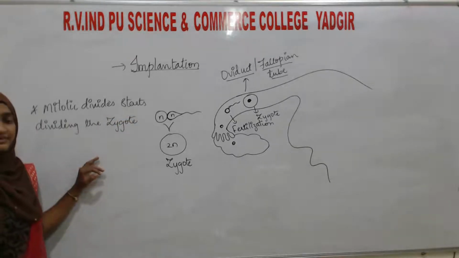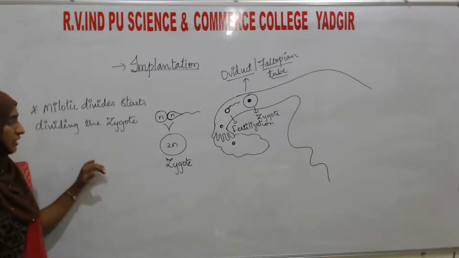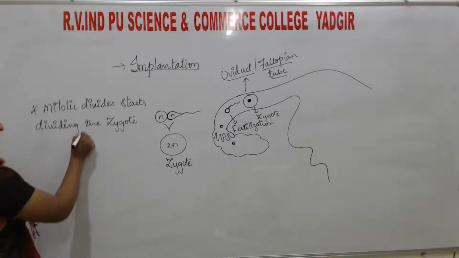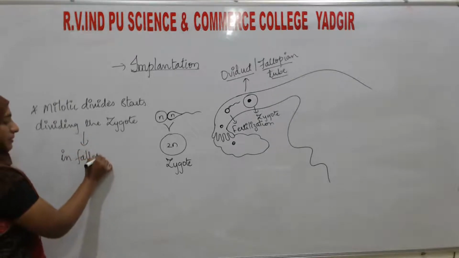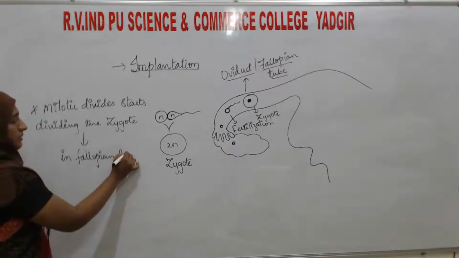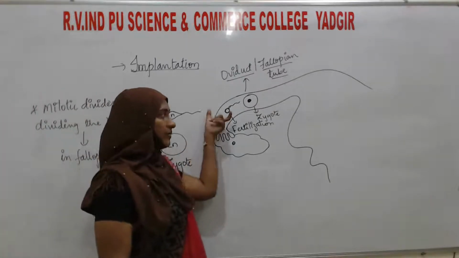Mitotic division is also known as the equational division. Where is it taking place? In the fallopian tube.